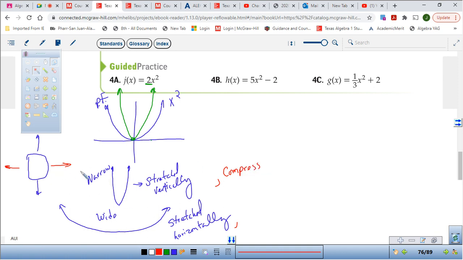To make this marshmallow look more slender or thinner, I'm not stretching it, I'm squashing it, compressing it. I would compress it what? Anybody know? These are words from the STAR test. You have to be able to understand what these mean. Compressed horizontally.